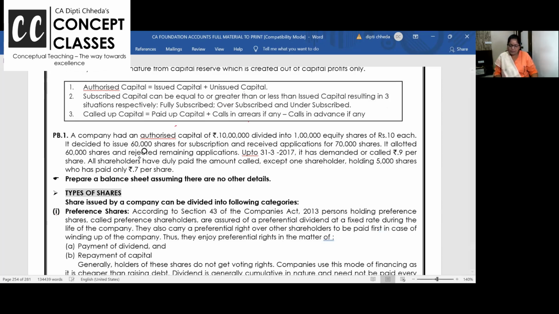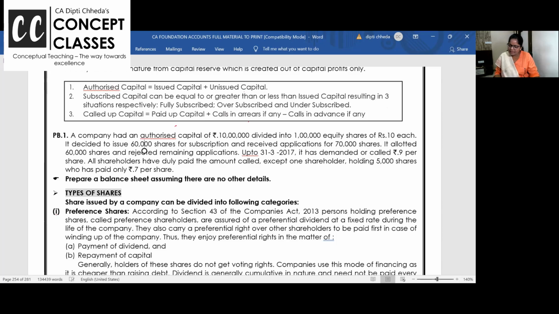We decided to issue only 60,000 shares, but we received applications for 70,000. We allotted 60,000 and rejected the rest. The remaining shares which came extra, we paid back.